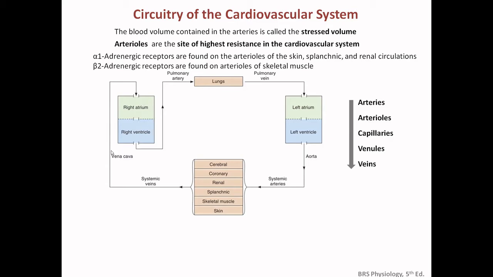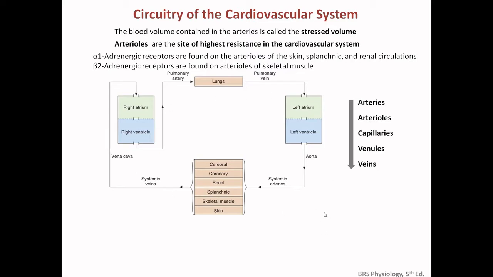The vena cava pours the blood into the right atrium, then through the tricuspid valve it reaches the right ventricle, and through the semilunar valve, by the pulmonary artery, the blood comes to the lungs for oxygenation. The oxygenated blood through the pulmonary vein reaches the left atrium, and from there through the bicuspid valve to the left ventricle. The muscle of the heart is very thick in this case, and it pumps into the systemic aorta to flood the cells of the body.